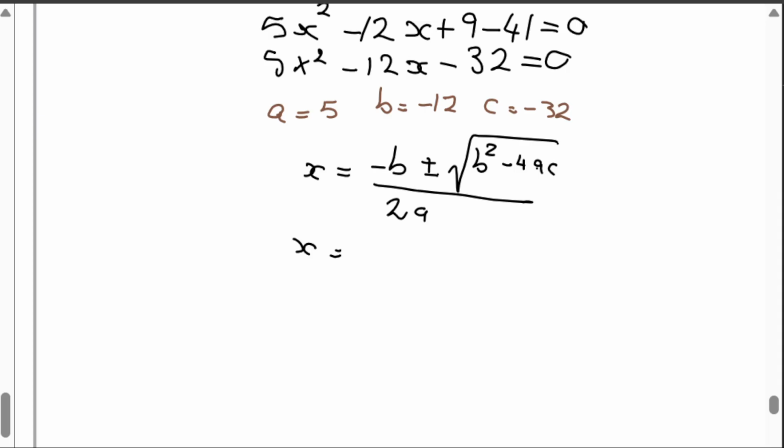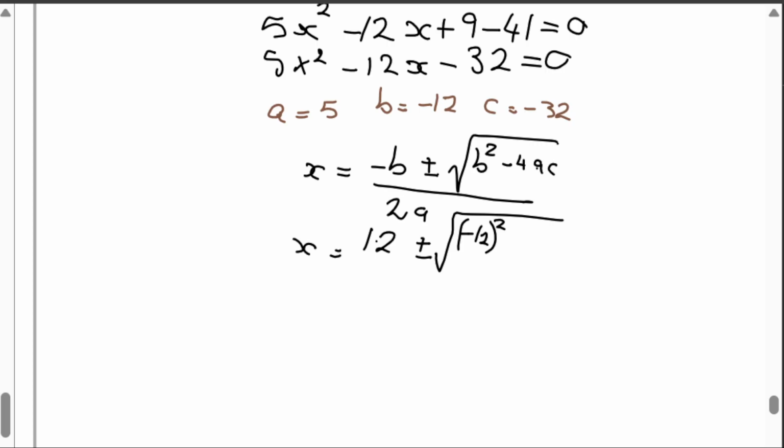Minus b is going to be minus minus 12, which is 12, plus or minus the square root of b squared. Always start by writing brackets here. Many students write the negative outside and they get it wrong.